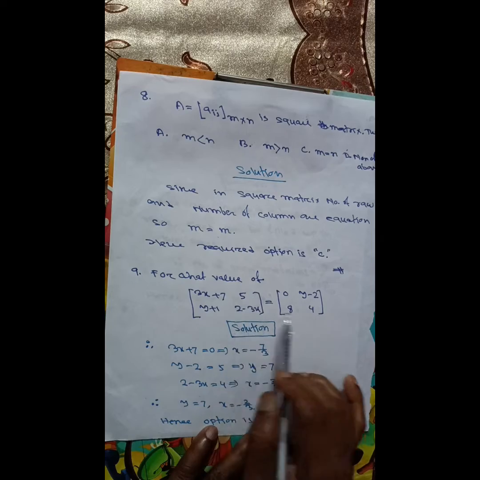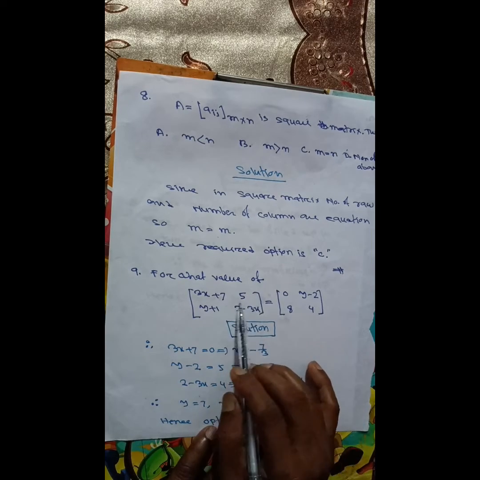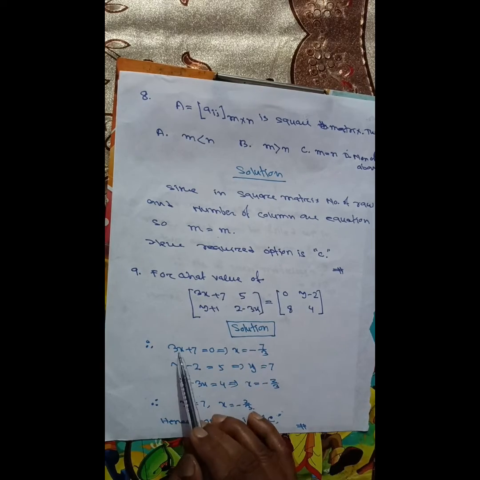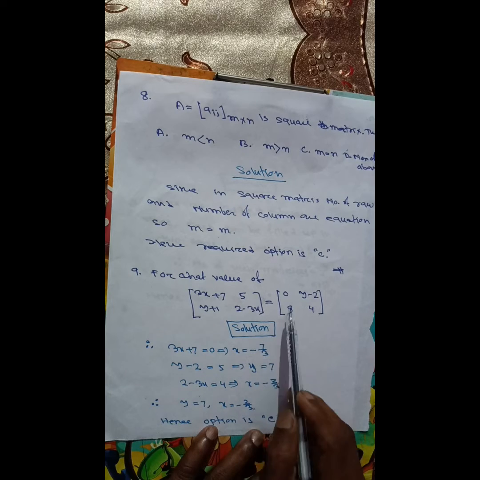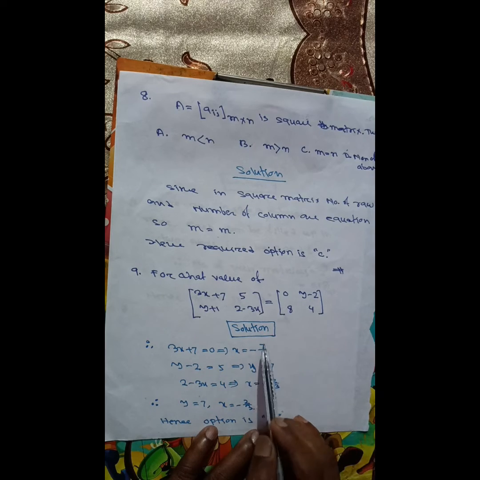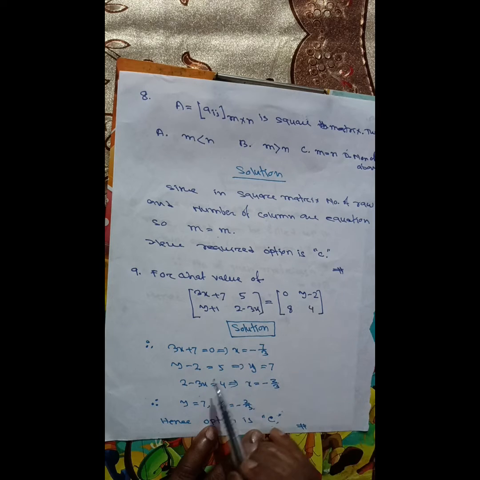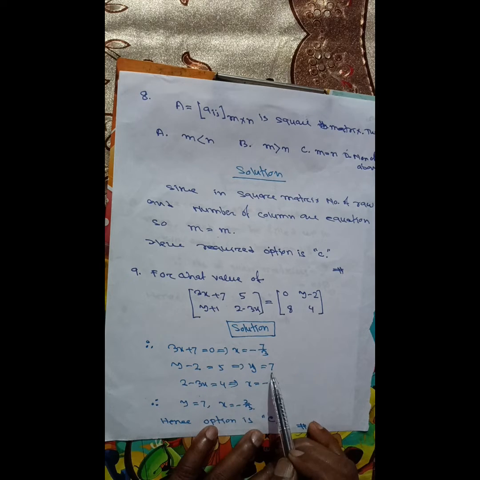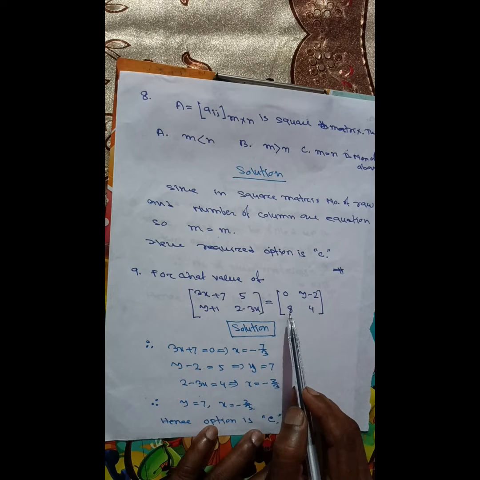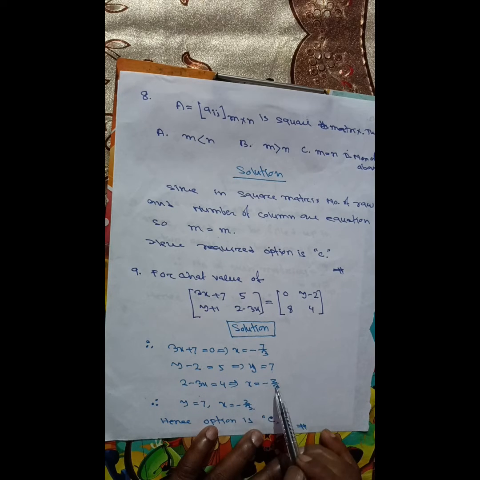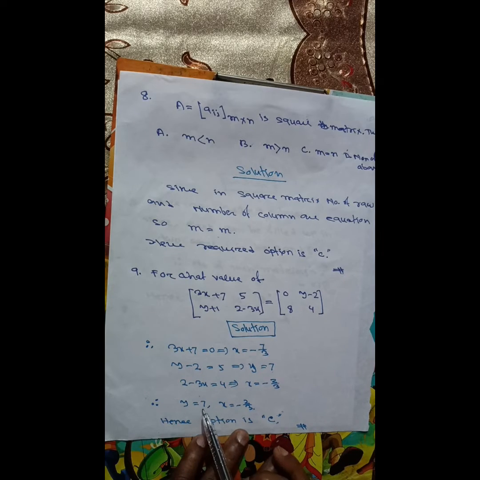We consider that since they are given equal, corresponding elements are equal. So thrice x plus 7 equal to 0, which gives x is equal to minus 7 by 3. Y minus 2 is equal to 5, which gives y is equal to 7. Again 2 minus thrice x equal to 4, which gives x is equal to minus 2 by 3. Therefore, y is equal to 7, x is equal to minus 2 by 3 is the required answer.